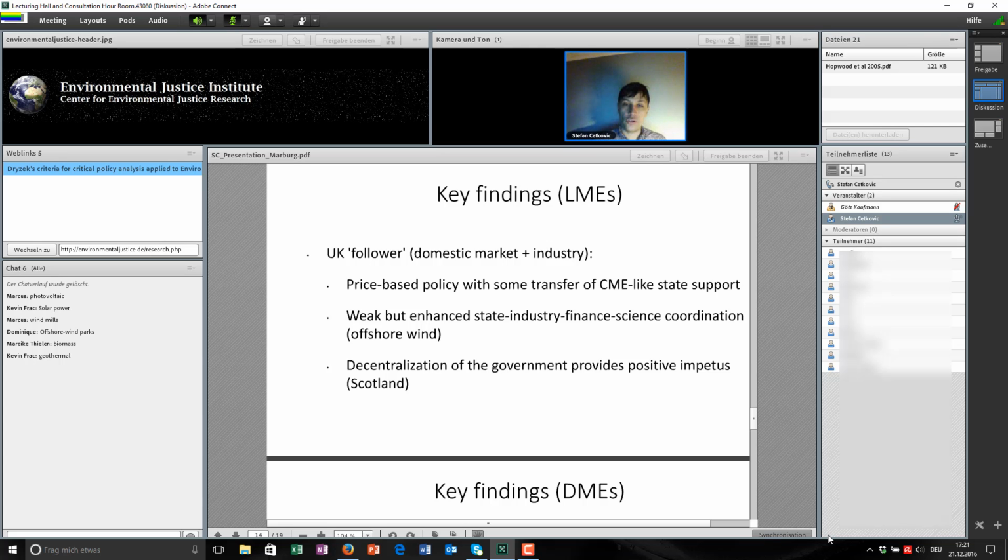So they then introduced some state-based support mechanisms, which were used by countries like Germany and Denmark. And they also try to enhance, because they realize that the state, industry and finance collaboration in the country is rather weak. So they try to enhance this, particularly when it comes to offshore wind, which is the main renewable energy sector in the UK, or the fastest growing sector.